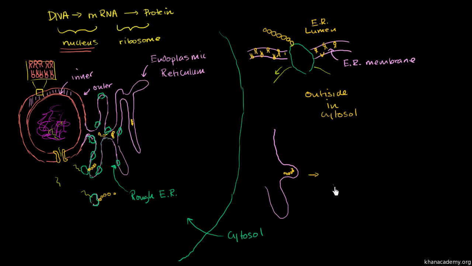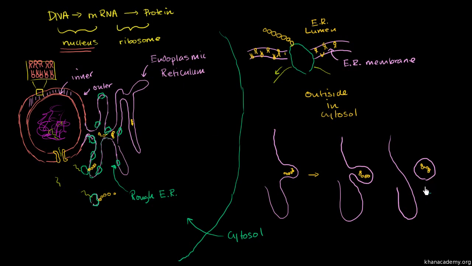So it could go from that to that, I think you see where this is going, to that, and then to that. And then it could go to something like this. Now it has budded out. And when you have a protein, or really anything that's being transported around a cell with its own little mini membrane, we call this a vesicle. So now it'll bundle up, and now it is a vesicle.